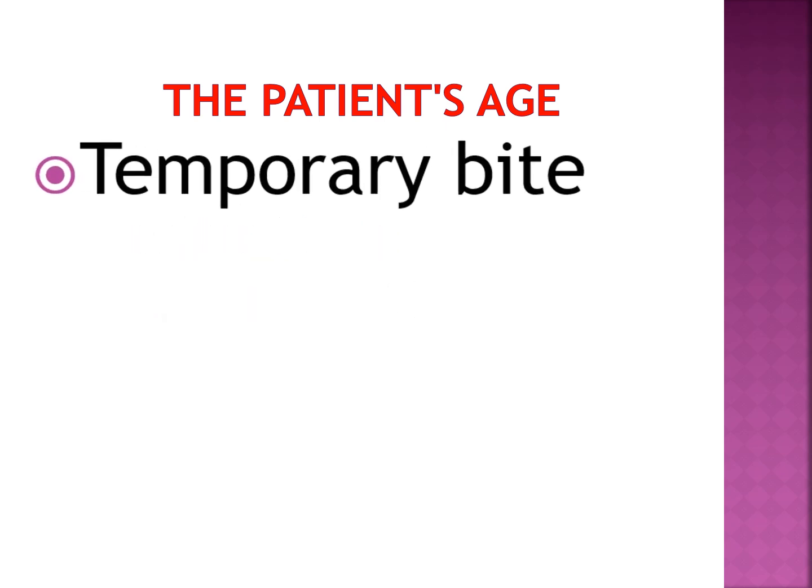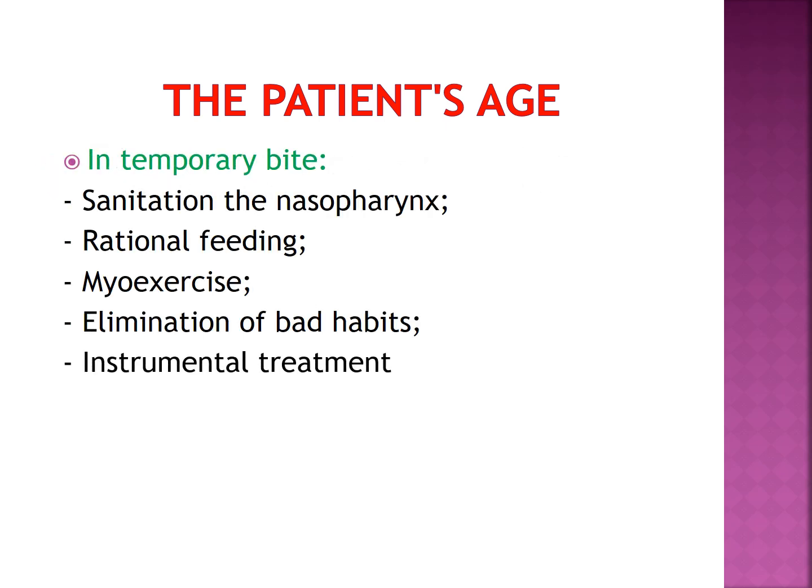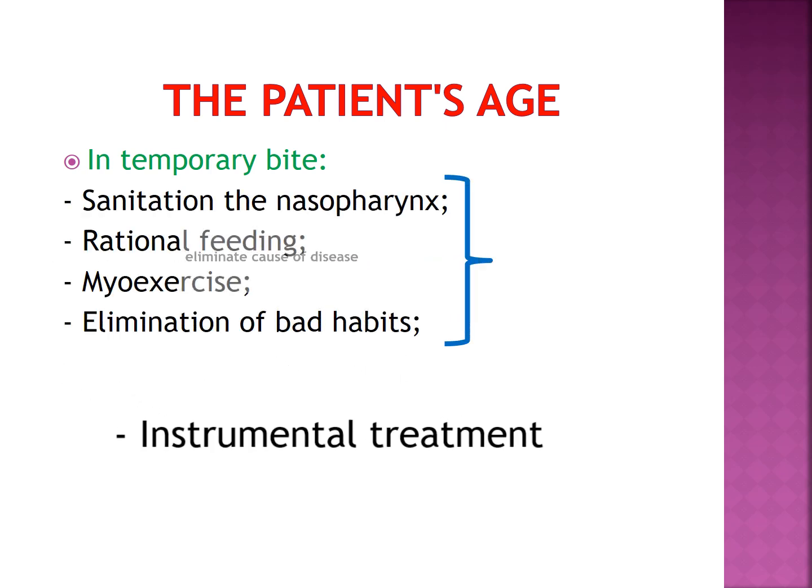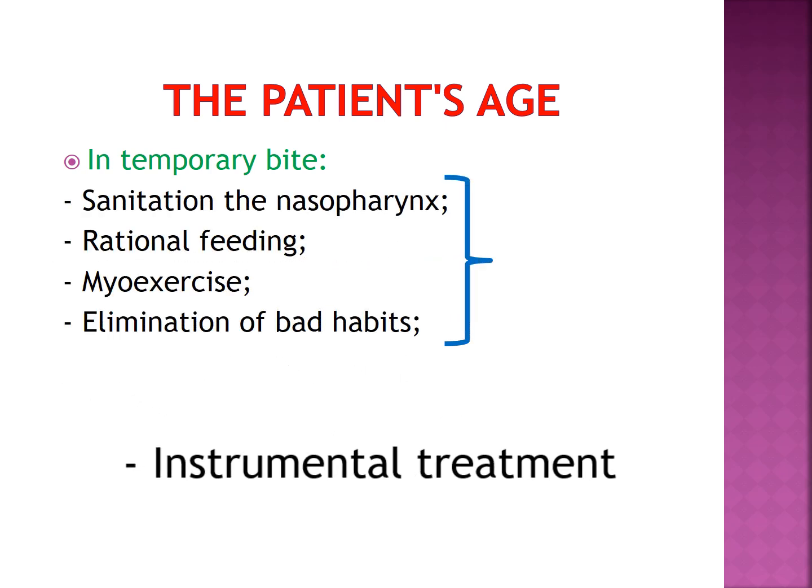At the temporary bite period, treatment tactics will be headed into sanitation of the nasopharynx, rational feeding, myo-exercise, elimination of bad habits. In one phrase, it is called eliminate the cause of disease, and only then we can have instrumental treatment.